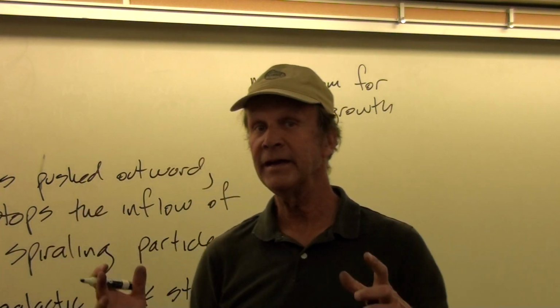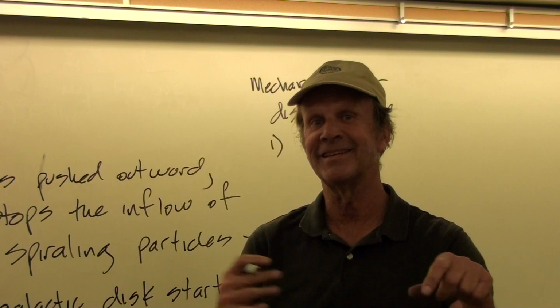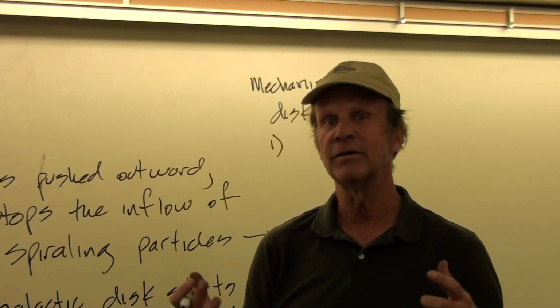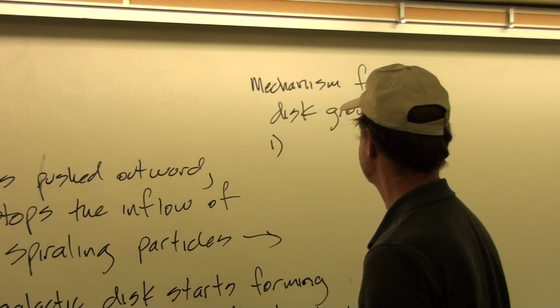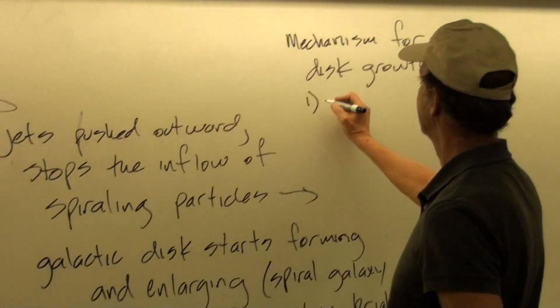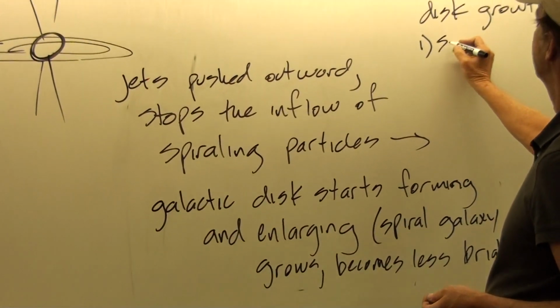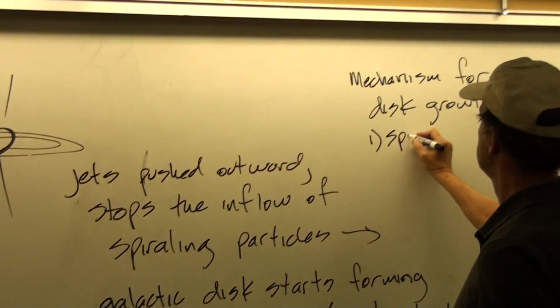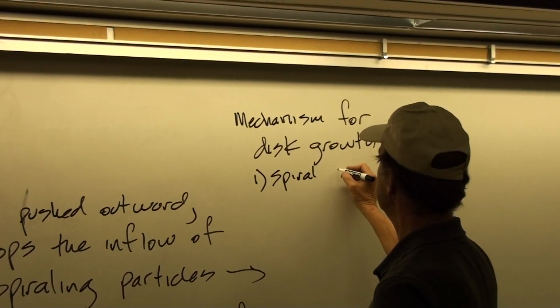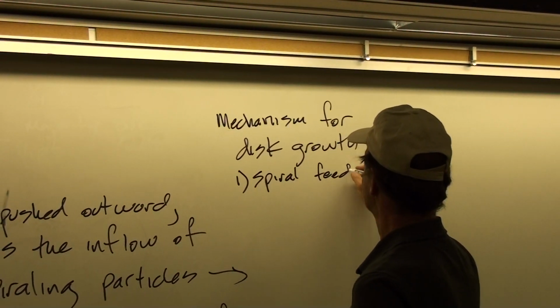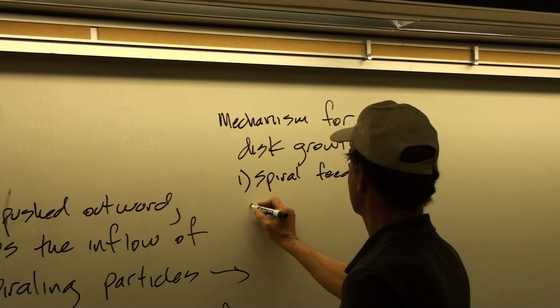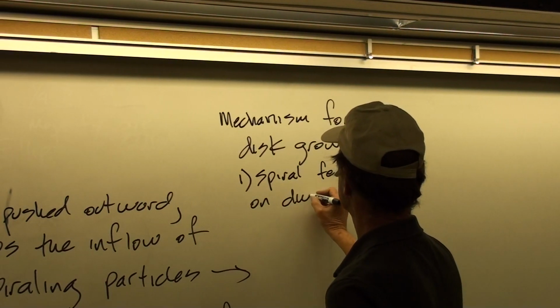If you have a big galaxy eating a smaller galaxy, then the shape of the original galaxy is not too heavily disrupted. And so we can have the spiral feeding, they're cannibals basically, on dwarf galaxies.